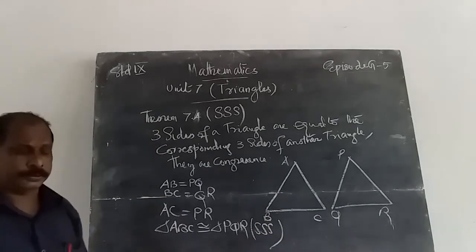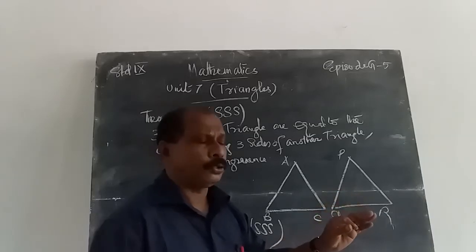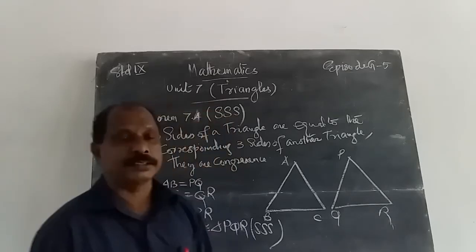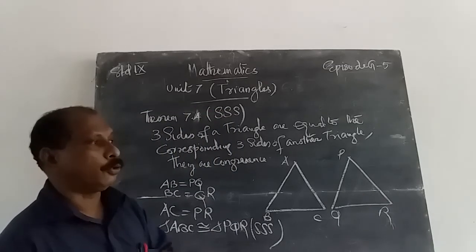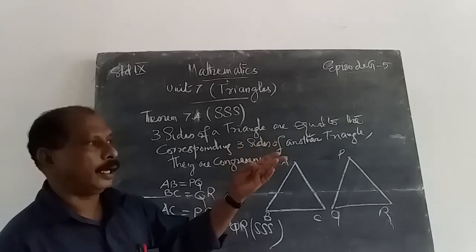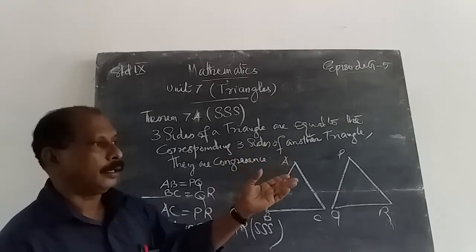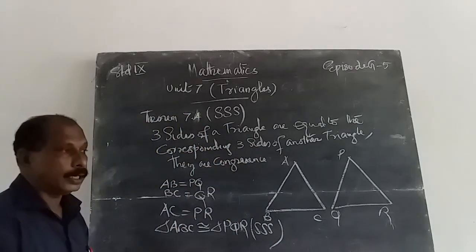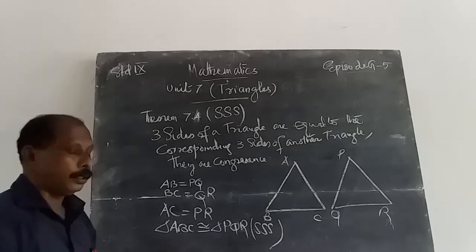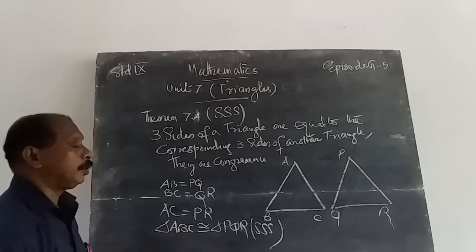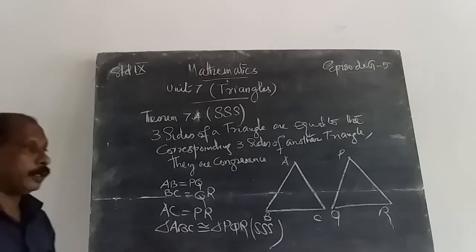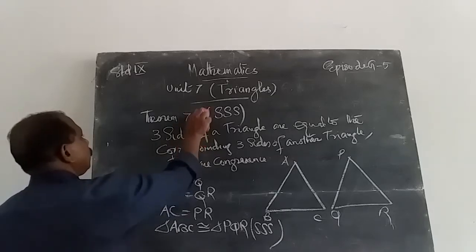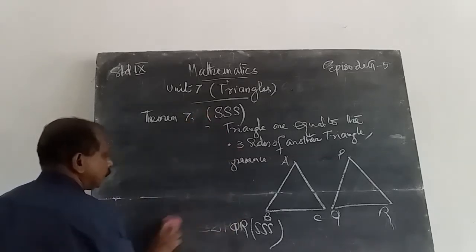That is 7.4. 7.2 and 7.3 are other theorems related to the isosceles triangle, therefore we will discuss them later. That means SAS, ASA, AAS, those will be three theorems. Then the next one is the SSS criteria for congruency. That means three sides of a triangle are equal to the corresponding three sides of another triangle. They are congruent. That is 7.4. The next one is 7.5.